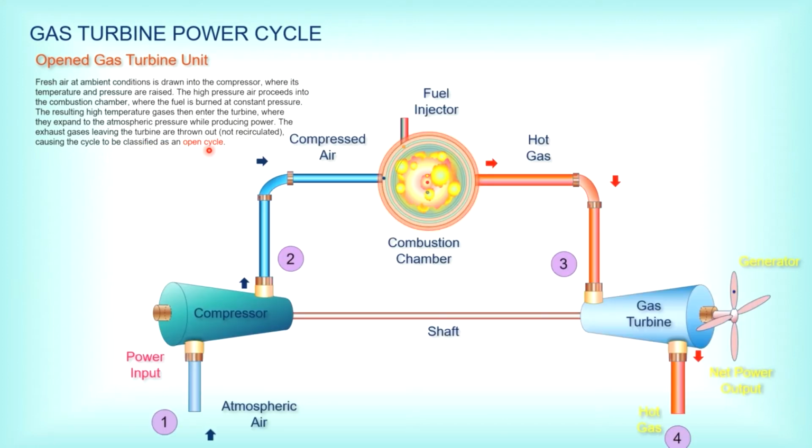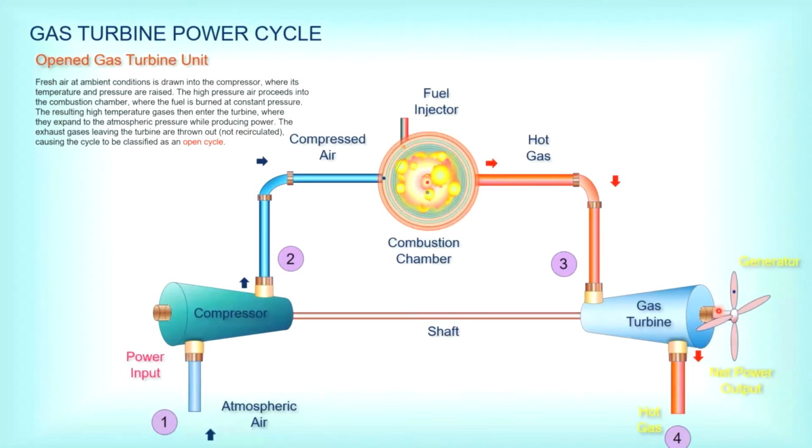The resulting high temperature gases enter the turbine where they expand to atmospheric pressure. That means they discharge directly to the atmosphere while producing power. The exhaust gases leaving the turbine are thrown out, not recirculated, causing the cycle to be classified as an open cycle.